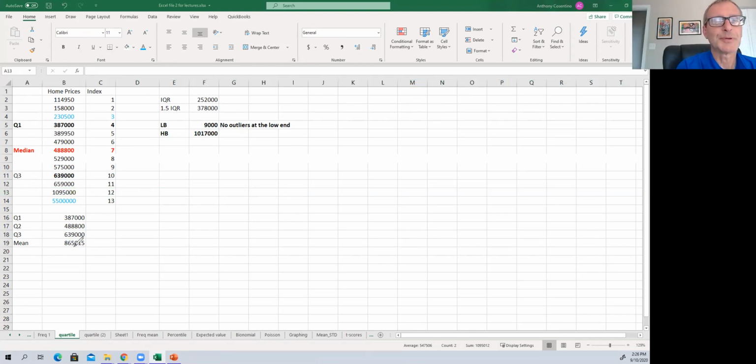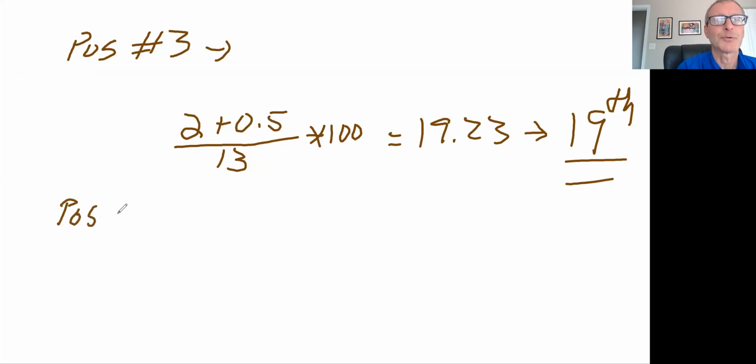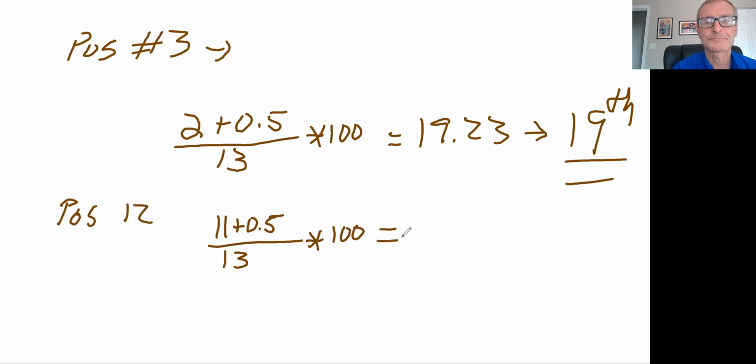This would be position 12. So we would use 11, which is 1 less than 12, plus 0.5, divided by 13, times 100.